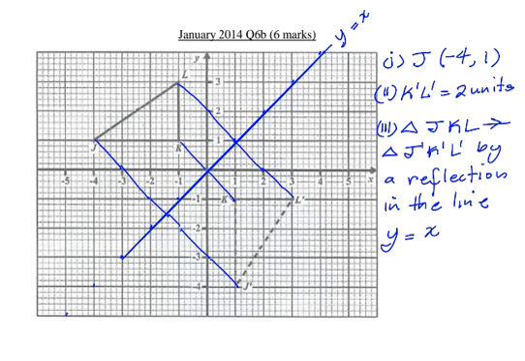In a reflection, both the object and the image are the same perpendicular distance from the mirror line on either side of the mirror line. And the mirror line is the line y is equal to x.